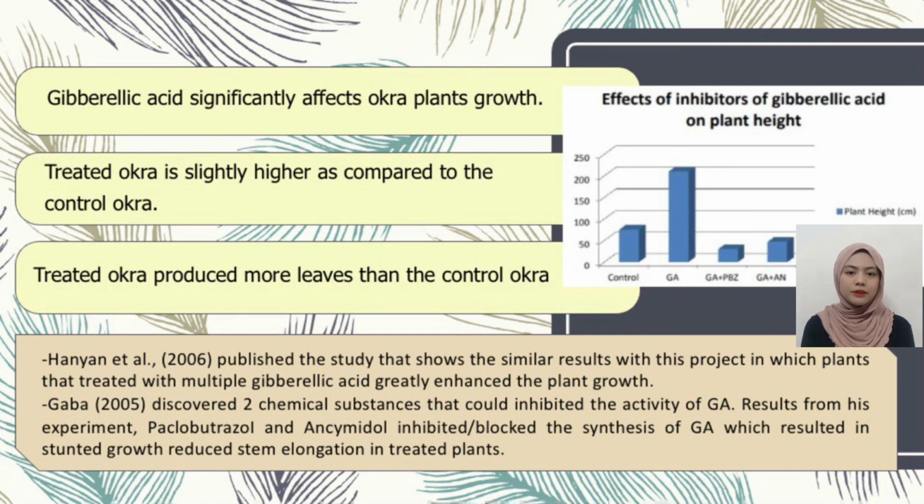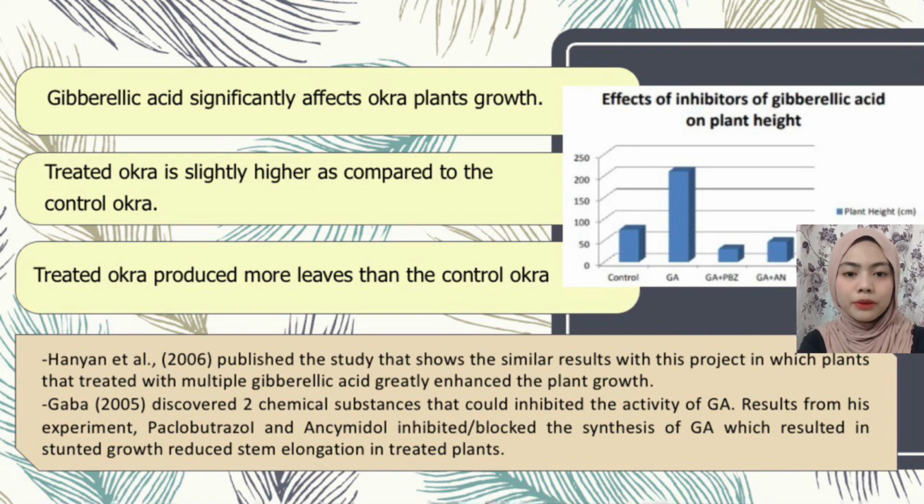Based on the literature research, many studies involving the use of gibberellic acid have been published. For example, the study conducted by Hanyan et al. in 2006 shows a similar result, where the plants treated with gibberellic acid grew rapidly compared to the untreated plants.